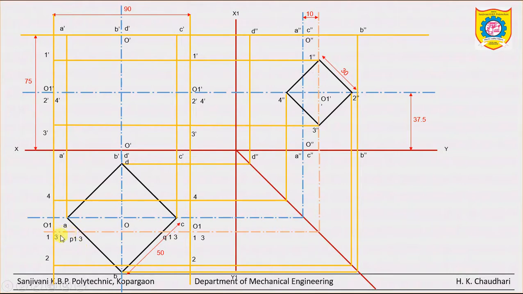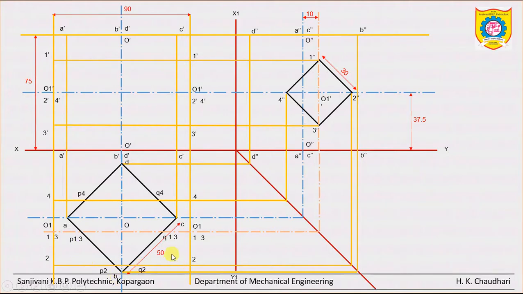Similarly here will be points P2 and Q2, and again P4 and Q4. So these points are the points where the edges start intersecting the vertical faces of the prism, and just leave the vertical faces on this left side at this point.